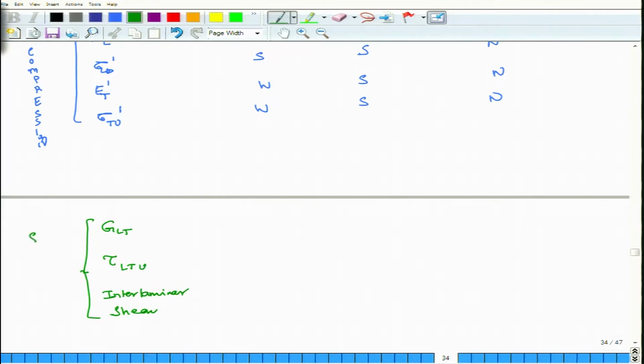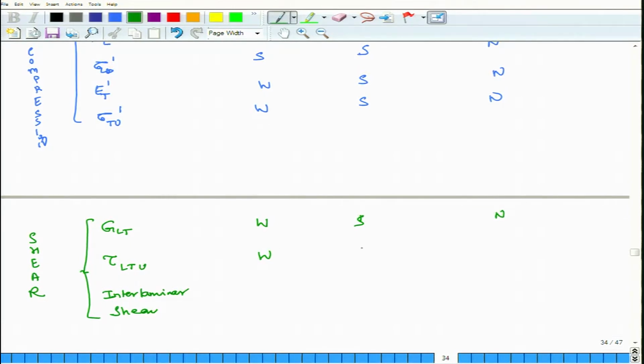So, these are shear properties. In this case the role of fiber is not that high for GLT, because most of the shear is resisted by the matrix. So, this has a strong role and negligible role of the interface.